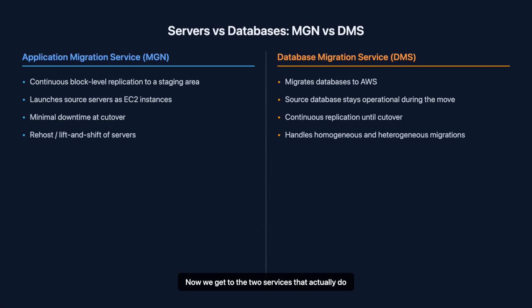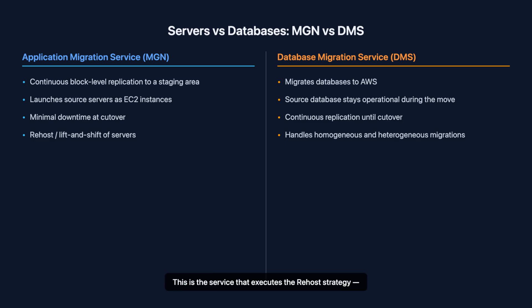Now we get to the 2 services that actually do the moving, and the single most common mix-up on this topic. On the left, Application Migration Service, MGN, is your lift and shift tool for servers. It continuously replicates each source server block by block to a staging area, then launches them as EC2 instances with minimal downtime at cutover.